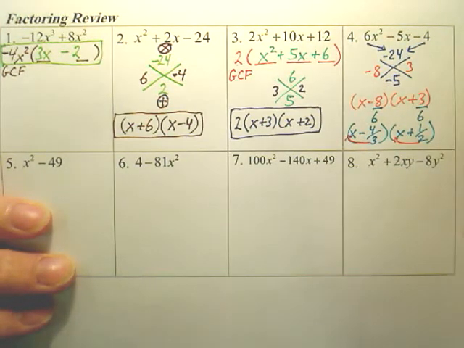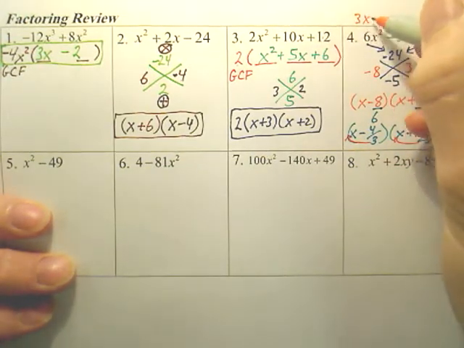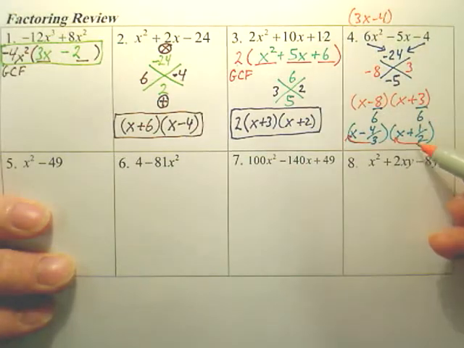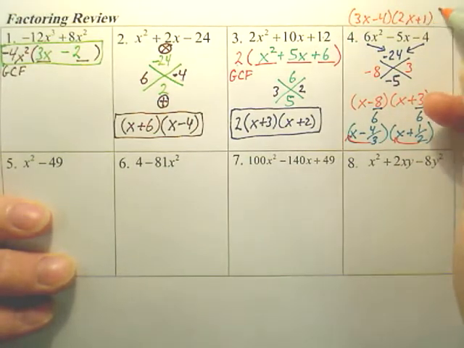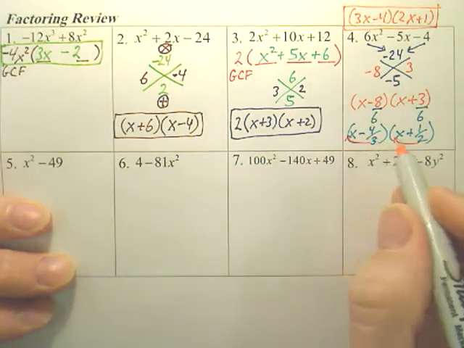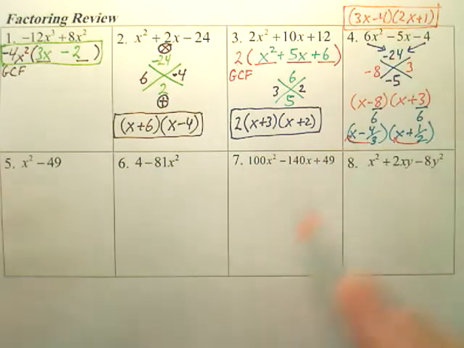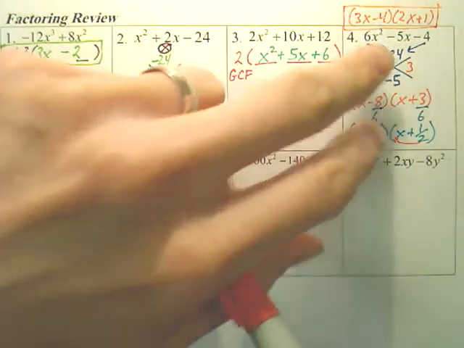So my answer for this one ends up being 3x minus 4 times, bring the 2 up, 2x plus 1. There's the answer, because you take the bottoms, bring them up, and that's the factored form. It's a little bit more difficult when you can't pull the GCF out and there's a number in front.